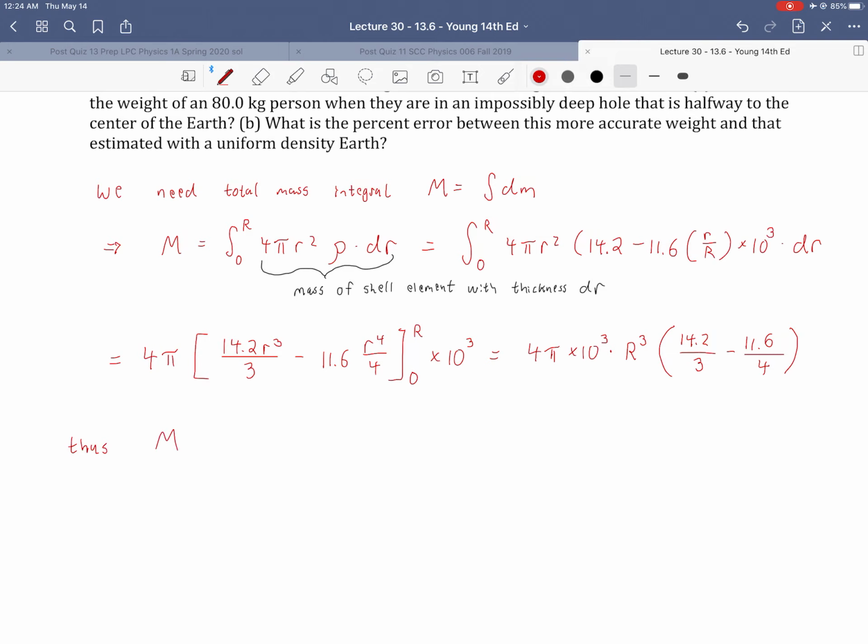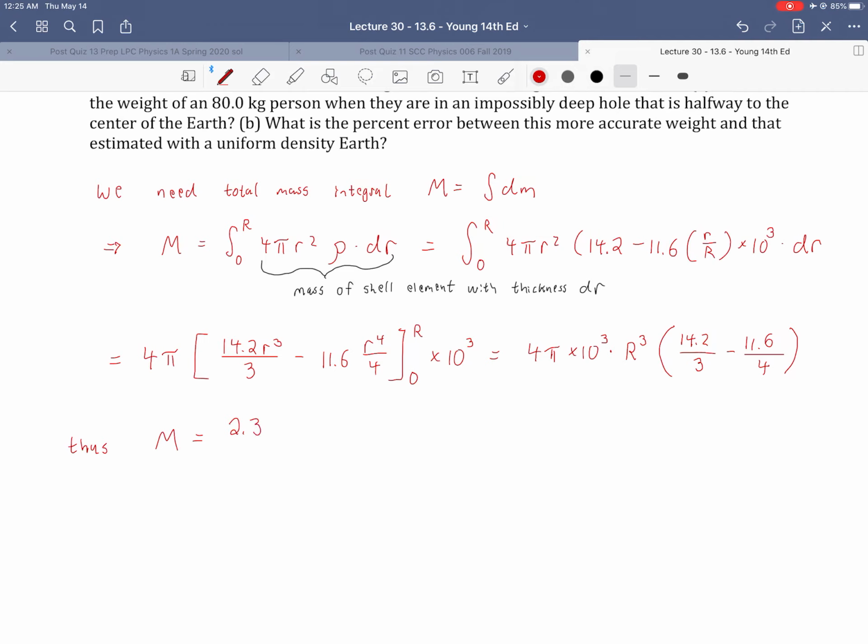Okay, so thus our total mass is, well, let's see what that decimal gives us. 14.2 divided by 3 minus 11.6 divided by 4. All right, so 1.83. Then we'll go ahead and just multiply that by 4 pi. So 4 pi times 10 to the third times 1.83.